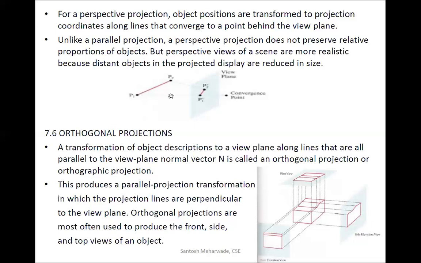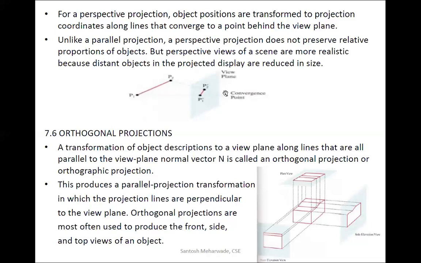Here this is the same object, a line, and here the view plane will be there. The convergence point we normally call the center of projection, or you can take it as the eye of a person or the lens of a camera, in which all the projections are going to meet.